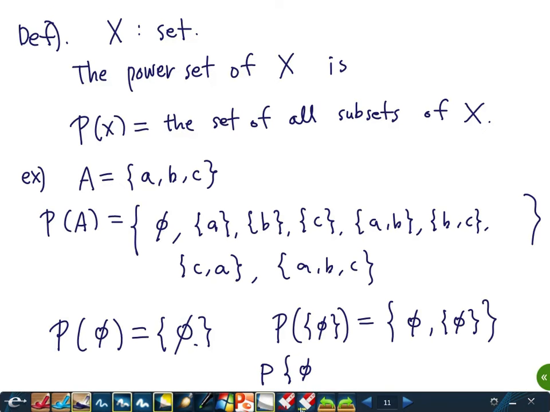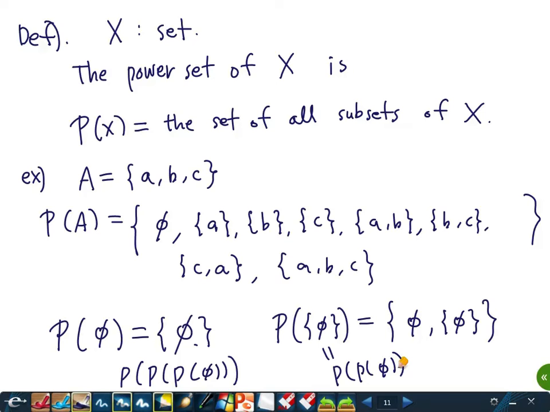I wanted to say, maybe just as a fun example exercise, you can try P of this. Because what this really is, is P of the empty set, right? So you can keep doing this. Yeah, maybe you have to write. It's very easy to get confused, but yeah, it's possible.